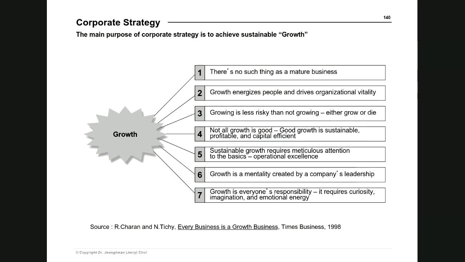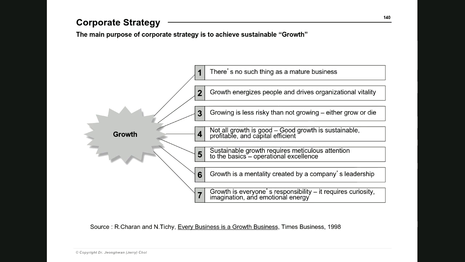It is very complex. We have thousands of corporate strategies. However, maybe you cannot remember or count how many corporate strategies we have. But if we can understand the main purpose of the corporate strategy, maybe we can be more flexible to adapt and apply many different strategies.